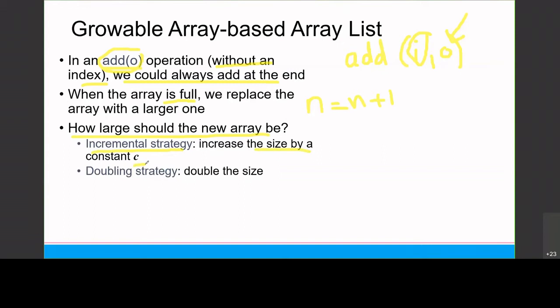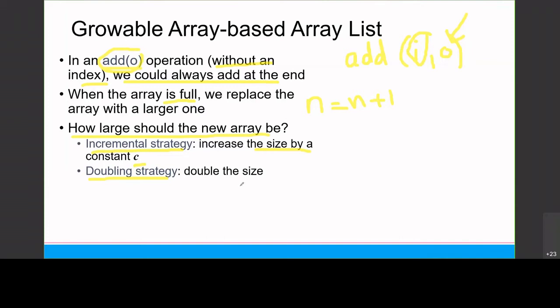So if I know that I will add one more data, then I will add by one. If I know that I will need 5 more data, then I will add 5. But there is another strategy, which is the doubling strategy. We want to double the size.